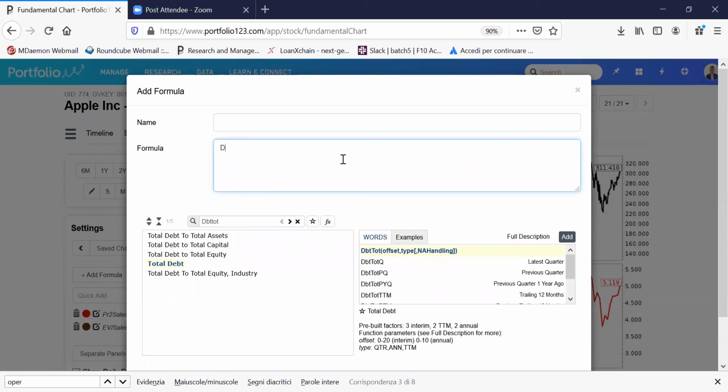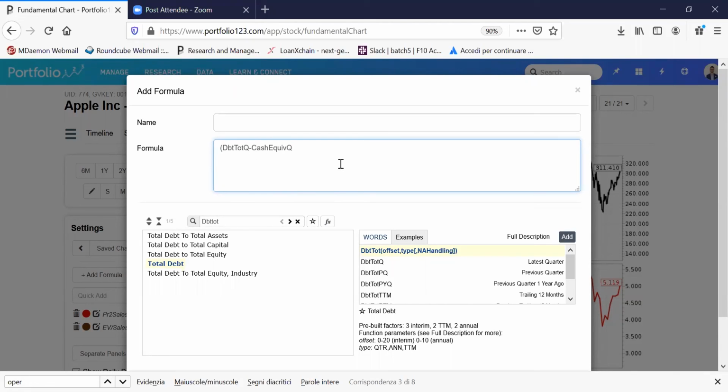We're taking total debt TTM minus cash equivalents.